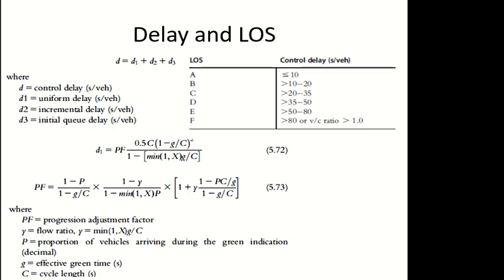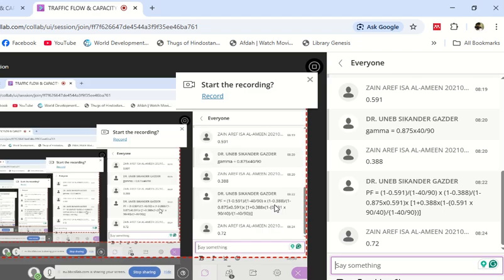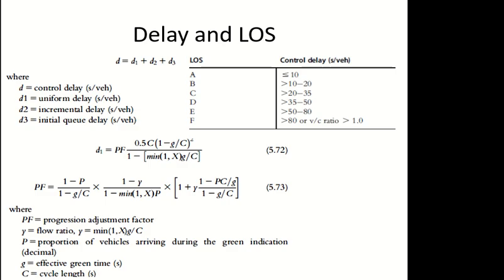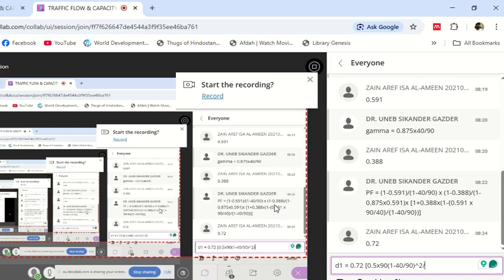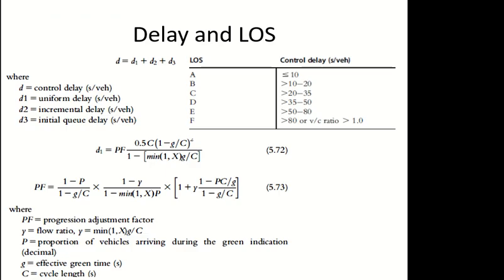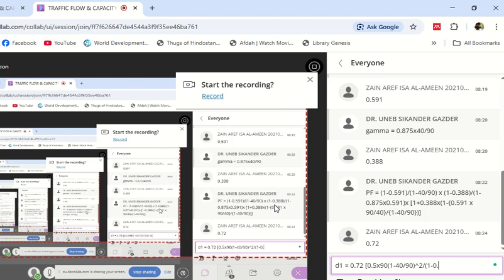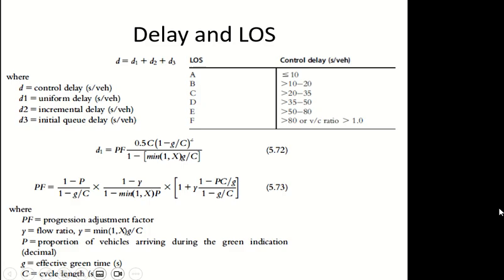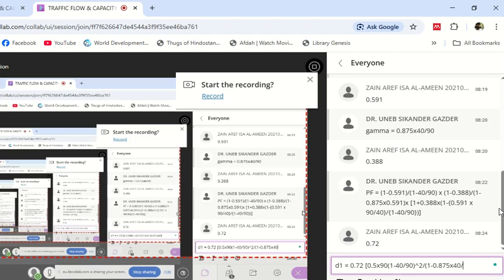Okay, thank you. So now we have the PF factor: 0.72 into something very big, 0.5 into 90 to 1 minus 40 upon 90 squared, 1 minus my X is 0.875 to 40 by 90.